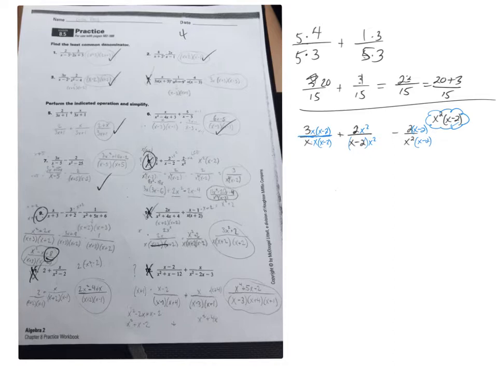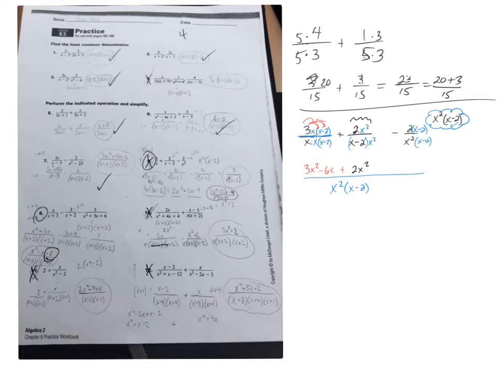Now we can write our common denominator, which is going to be x squared times (x minus 2). But our numerator, first of all, this first one, is going to be 3x squared minus 6x. Take the 3x and multiply it by x, and the 3x and multiply it by the negative 2. Then we take this one, which is just 2x squared.